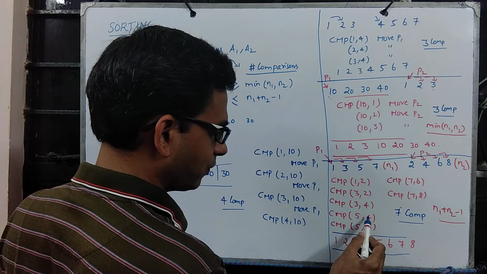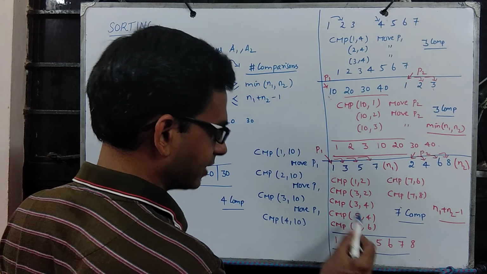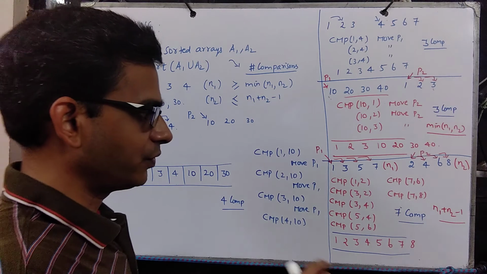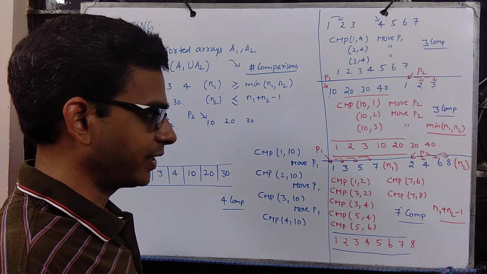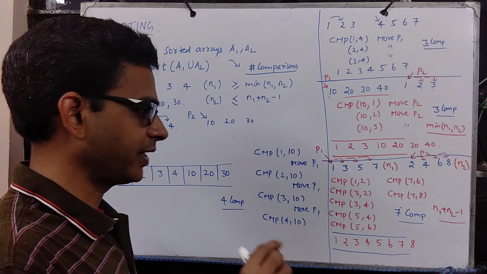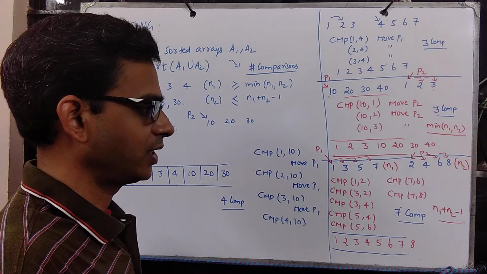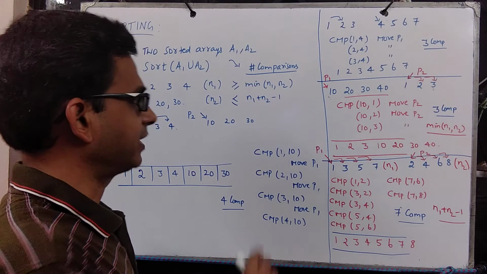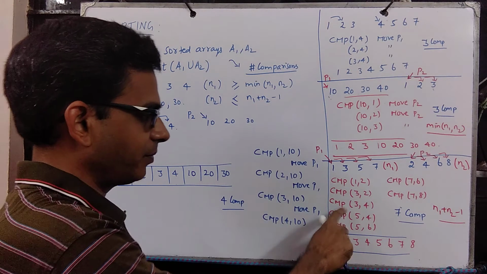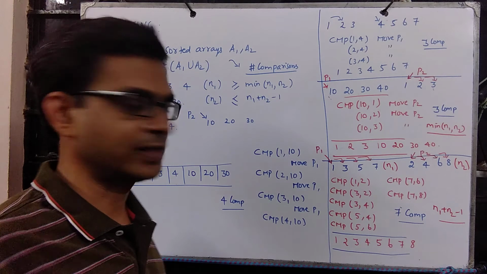Look at 4, to the left it is 3, to the right it is 5. Which means if you look at N1 plus N2, how many gaps are there? The gaps are N1 plus N2 minus 1. And that many comparisons are taking place as part of this algorithm.